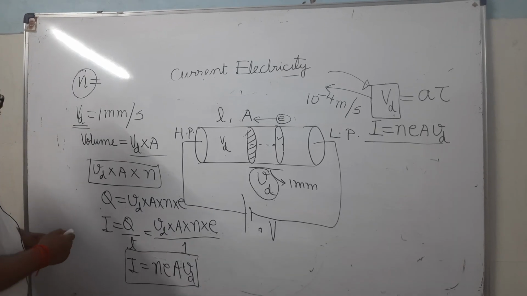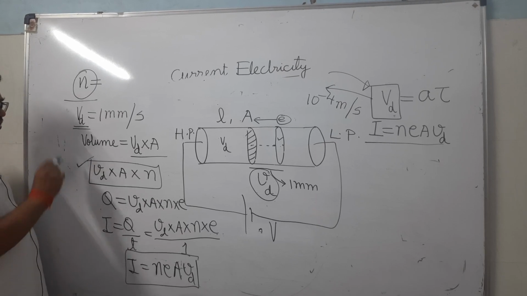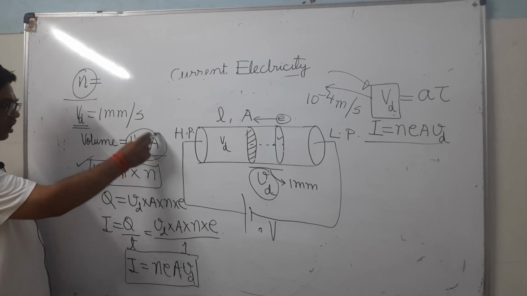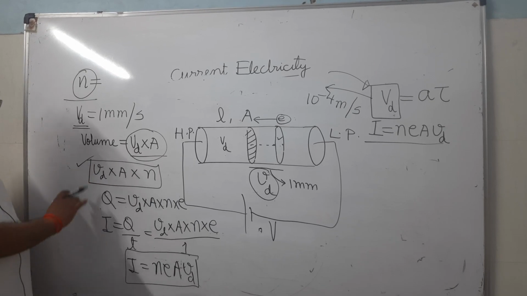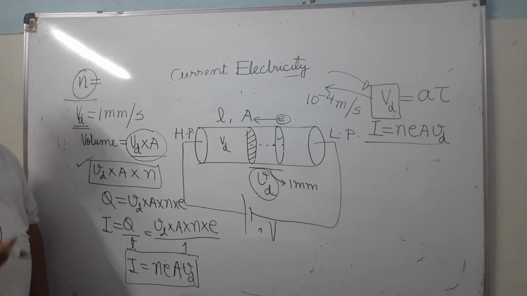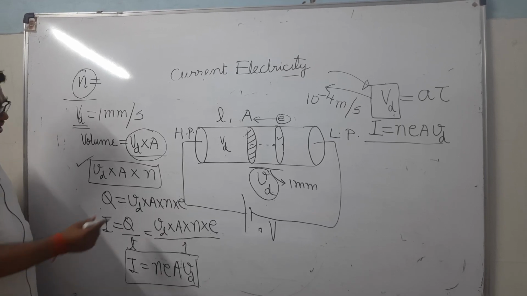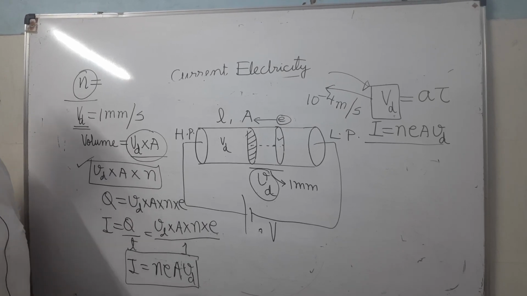In unit volume, how many free electrons are present? n. So in this much volume, the number of electrons is volume into n. The charge of these electrons will be this much, multiplied by the charge of one electron. This much charge will flow through the conductor in 1 second. So current will be this.